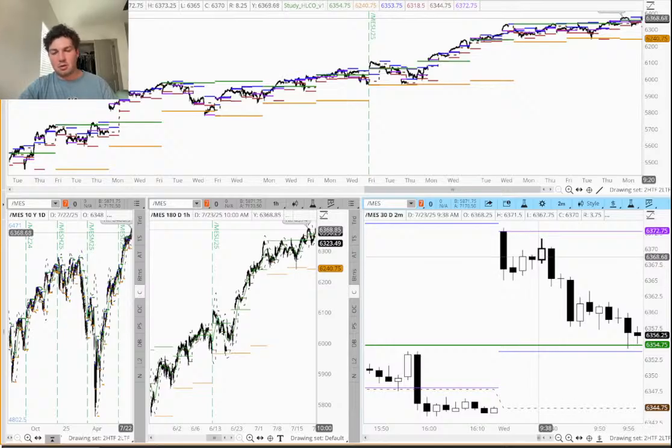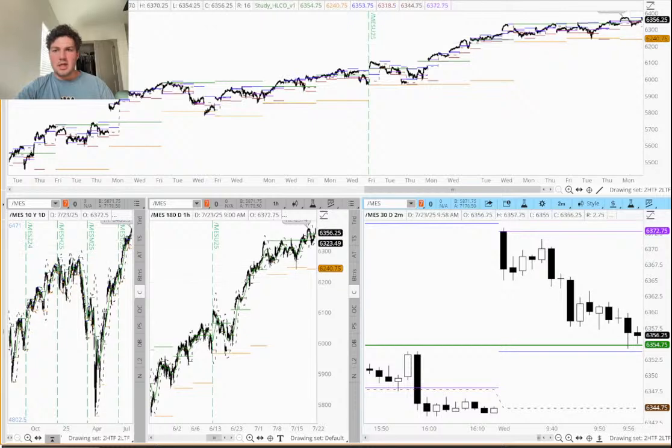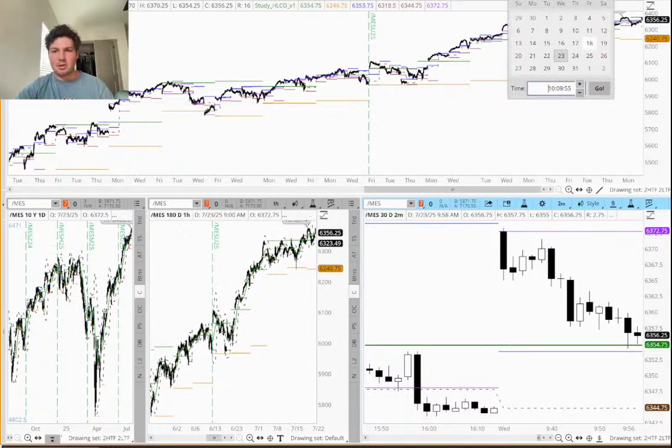So we'll say like a 4.25 R stop loss. So we would stay in there. Let's go forward another 20 minutes.